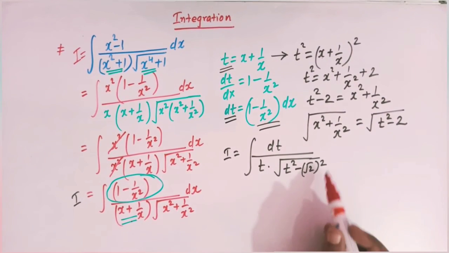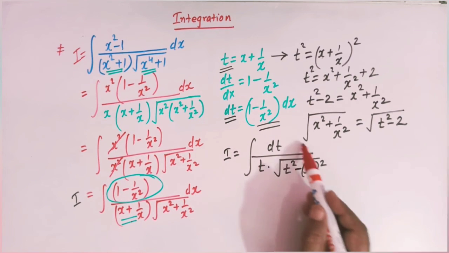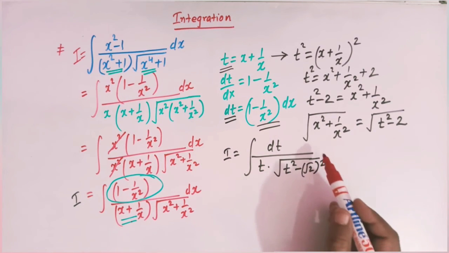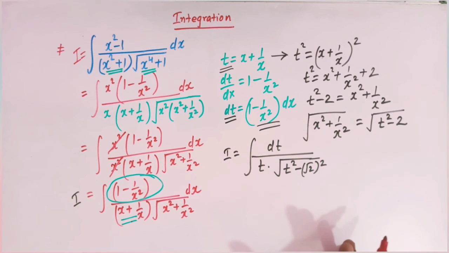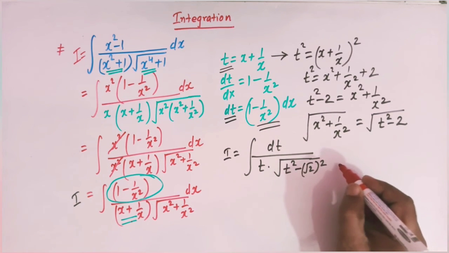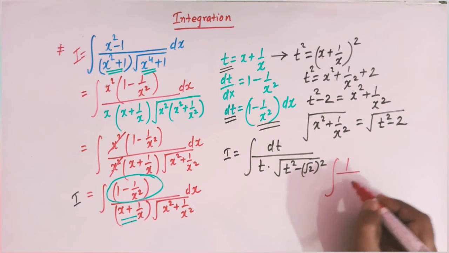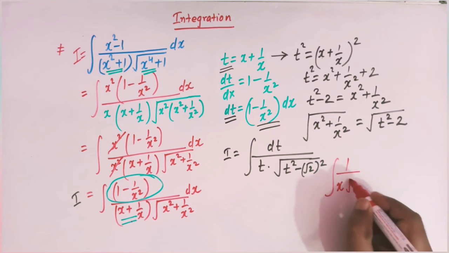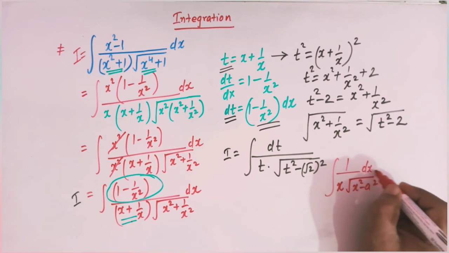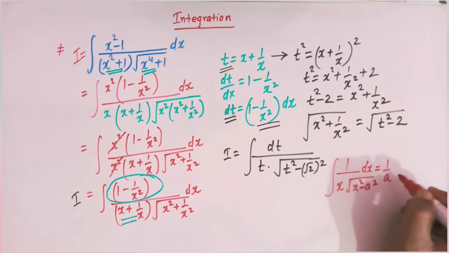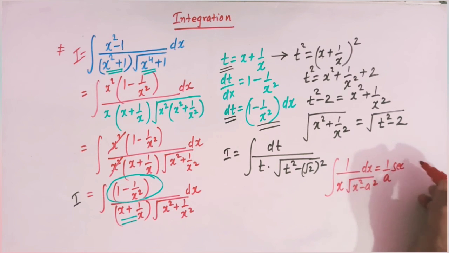And now in order to evaluate this integral, if we see the results for standard integrals, we see that the integral of 1 over x times the square root of x square minus a square is equal to 1 over a times secant inverse of x over a, right?